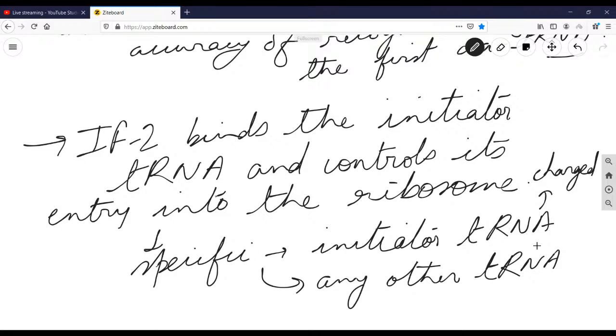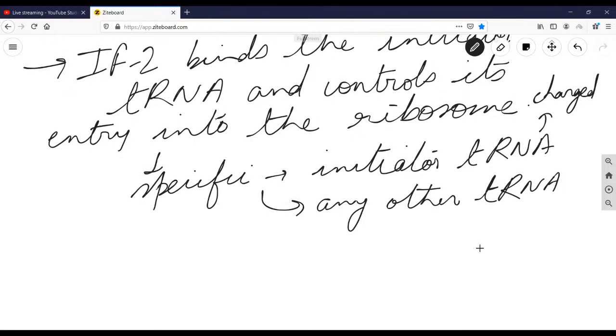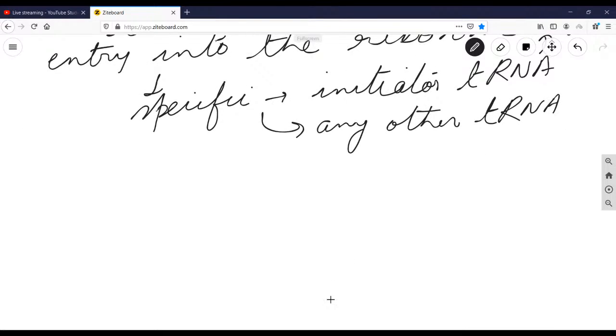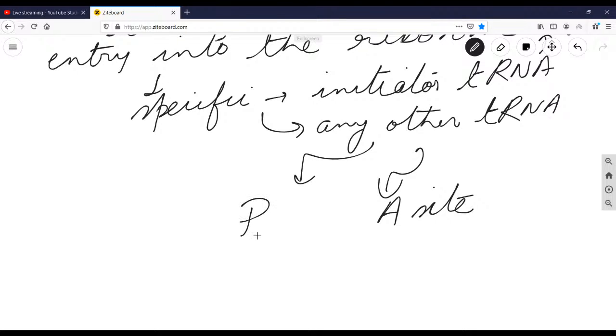Okay, because what happens is the other tRNAs which are specific for the second codon, the second triplet codon onwards, they enter the A site. The initiated tRNA must enter the P site. So there must be a discerning mechanism, a specific demarcating mechanism. We should be able to demarcate, differentiate between initiated and other tRNAs.